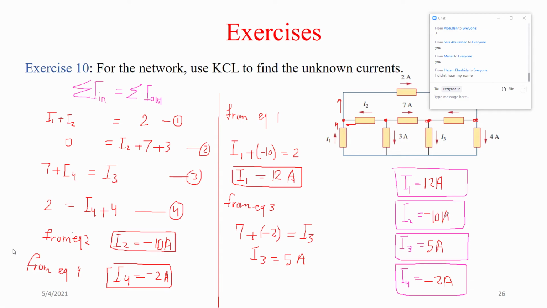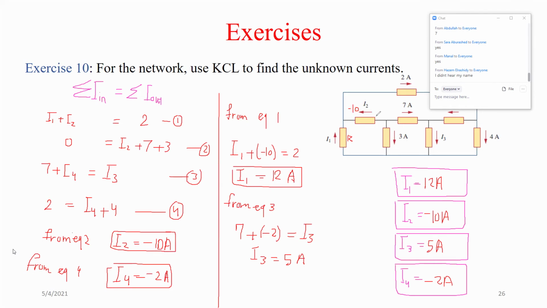Look at the calculation. If there's something that doesn't make sense or something that you think is not okay, let me know. Let me just put the numbers here. So this one we got minus 10, right? And this is 12. So 12 going here, minus 10 means 10 goes that way, 2 goes that way. So that is okay. And here 7 leaving, and 10 is coming.